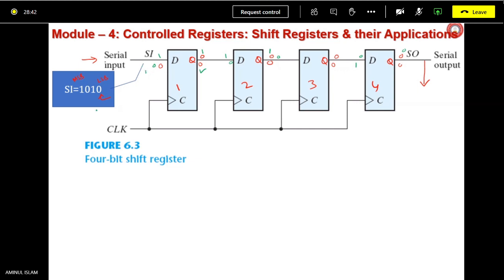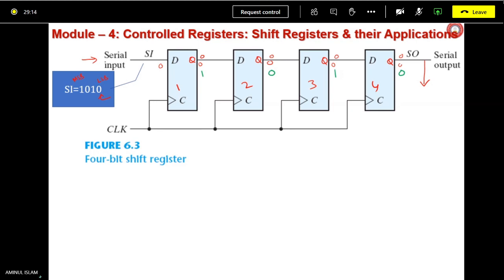Okay, so after 4 clock pulses, you'll see that all the bits are stored here. Here the last bit is 1, this will be 0, this will be 1, and this will be 0. All the 4 bits are stored in the flip-flops.